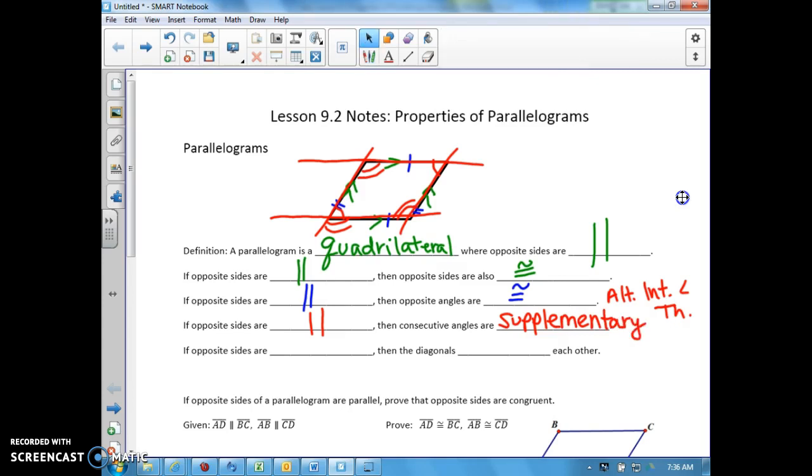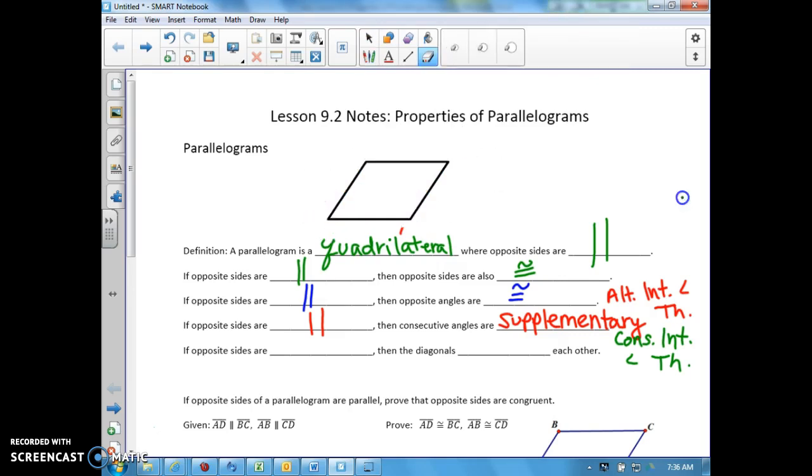And this is because, so look, these two add to 180 right here. This is because of the consecutive interior angle theorem we learned about way back in the first trimester. And finally, I'm going to erase some of this because it's getting a little bit crazy looking.